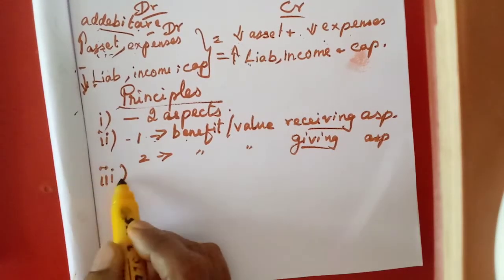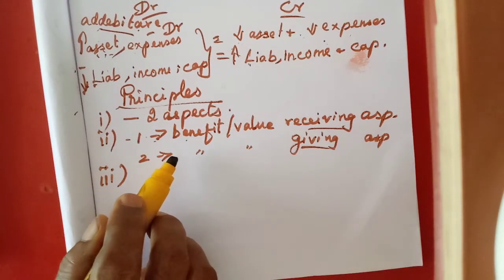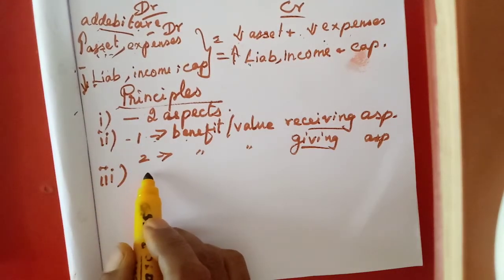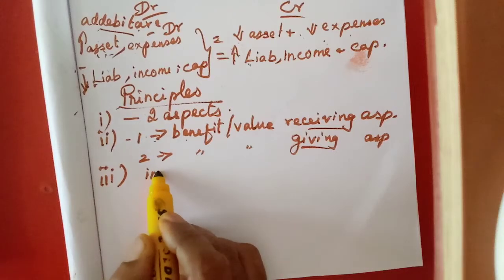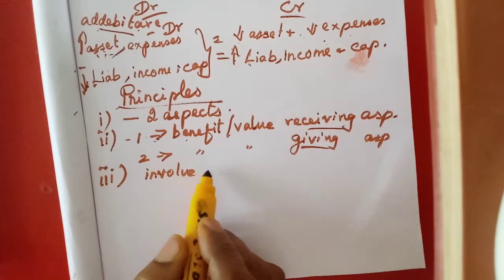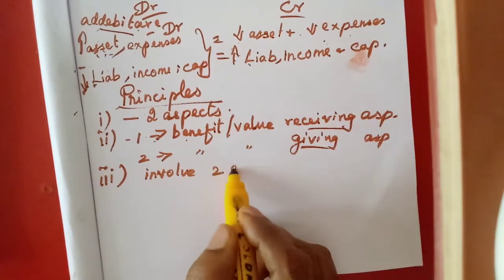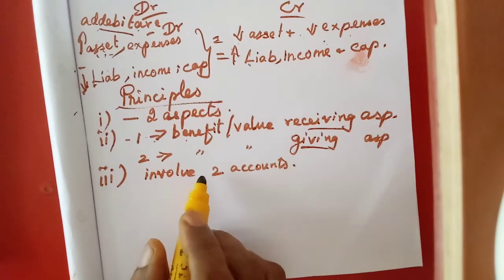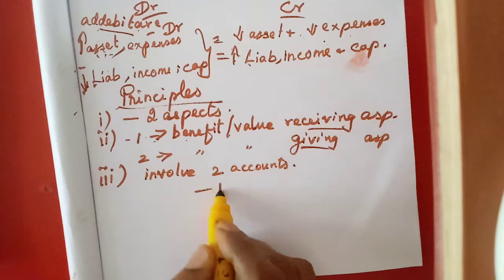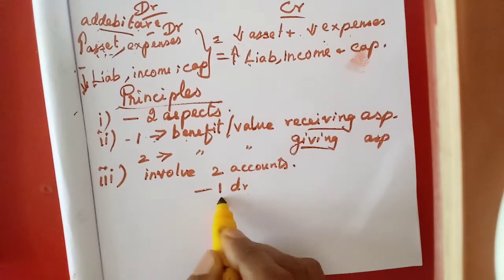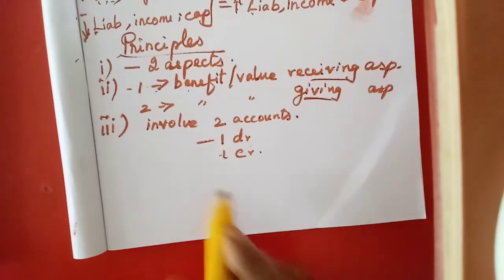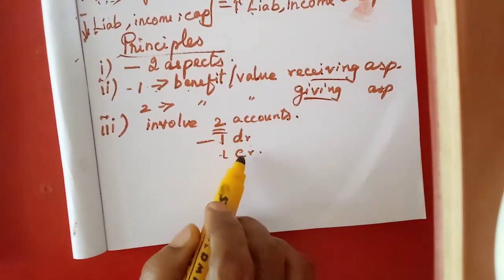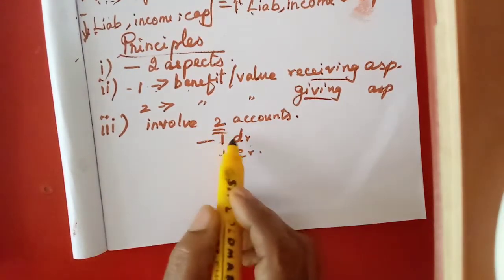So here you can say it involves two accounts. Each transaction involves two accounts. Two aspects means two accounts. Here at least one debit and one credit must be there. Minimum two accounts, and one debit and one credit. It may involve more than two accounts.